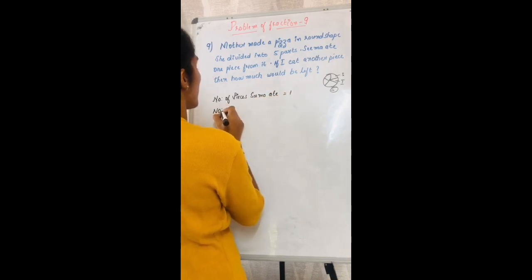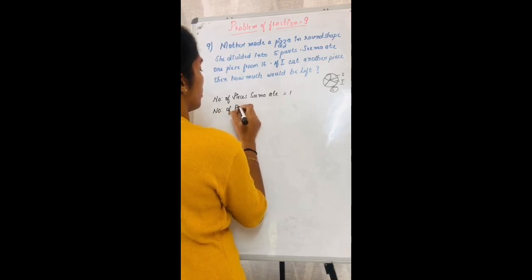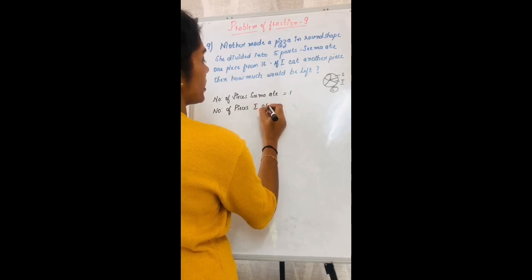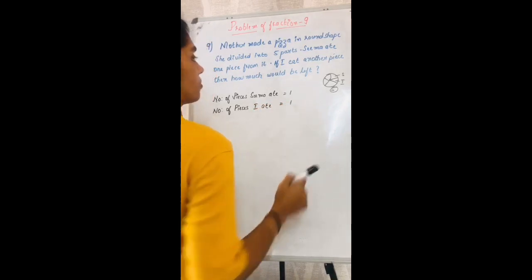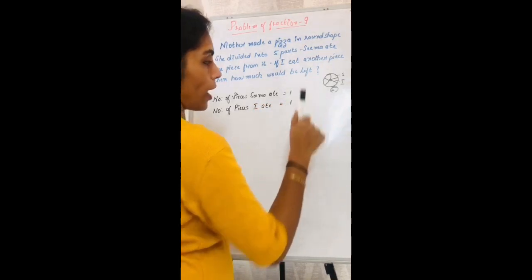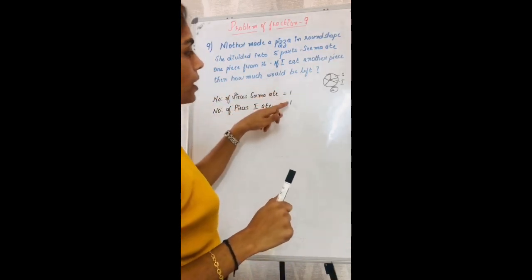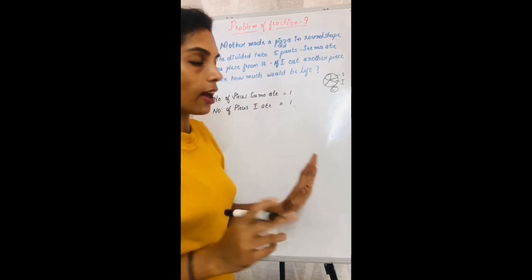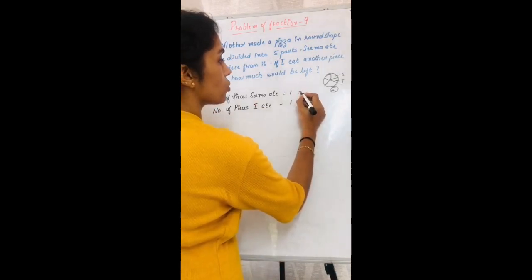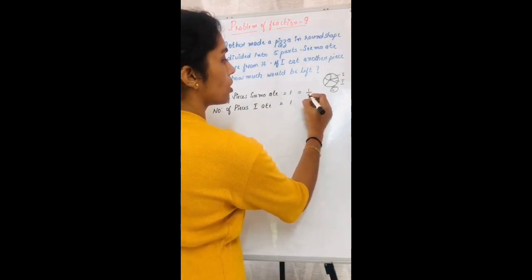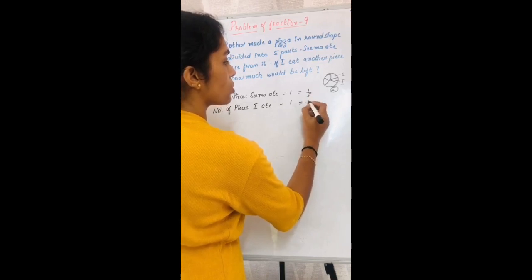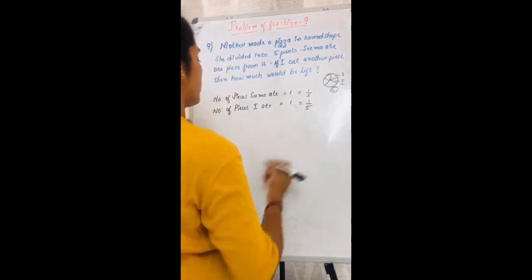Again, number of pieces I ate. Again 1. So now you've got 5 pieces and both of them ate 1 and 1. Now here you are being asked for a fraction, right? So you have to convert this into a fraction. How will you convert? The total number is 5. So 1 by 5. Here also 1 by 5.